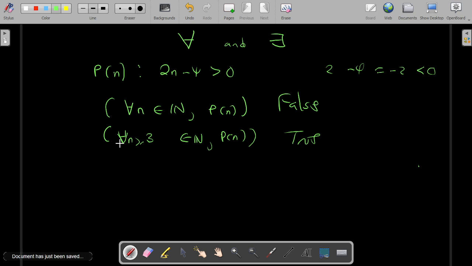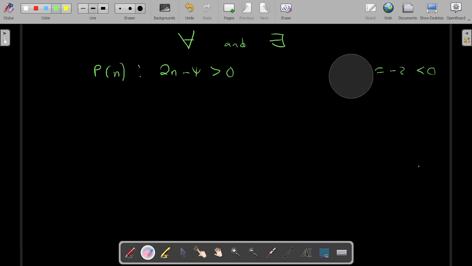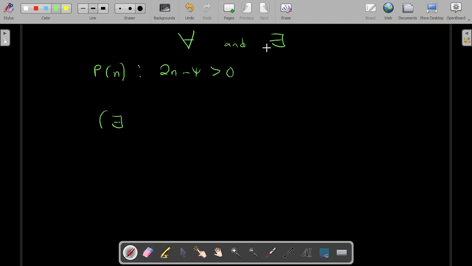Now let's talk about the existential operator. You can read this one as "quel que soit" and this one as "il existe". This one is "il existe", this one is "quel que soit".